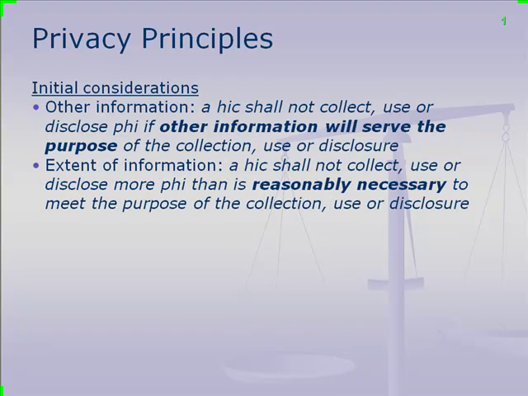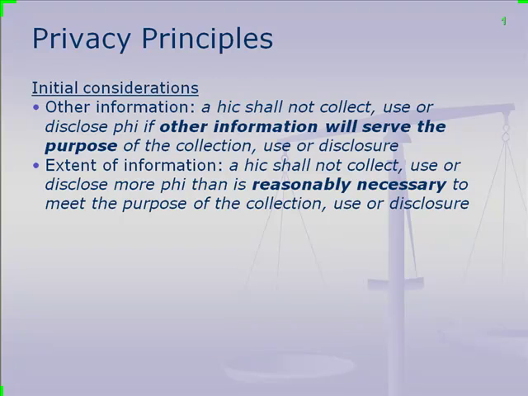And the other principle is the extent of information. That's basically that a HIC shall not collect, use, or disclose more PHI than is reasonably necessary to meet the purpose. So this is the second question.